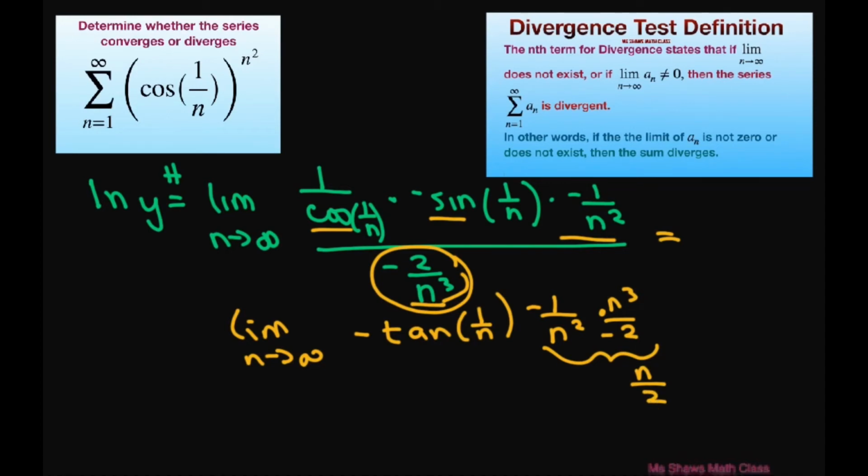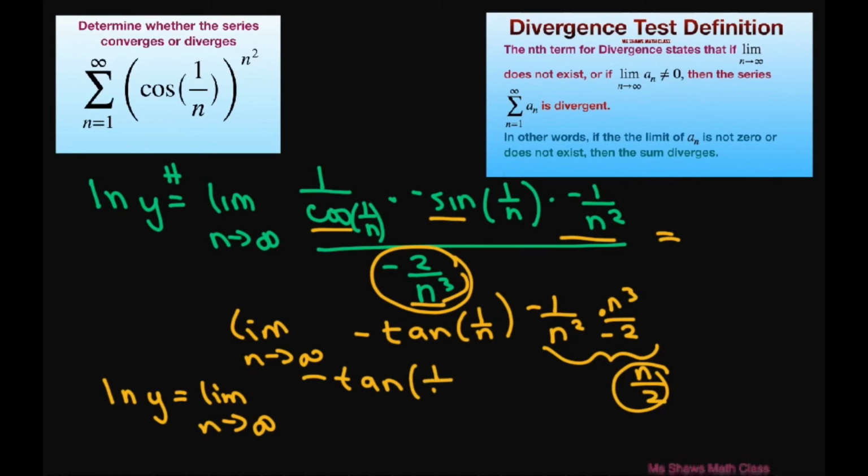All right. So now what we're going to get, then I'm going to move this back in the denominator. So we're going to get the ln of y equals the limit as n approaches infinity of negative tan of 1 over n. And then I'm going to put this in the denominator, so I have to flip it back around.